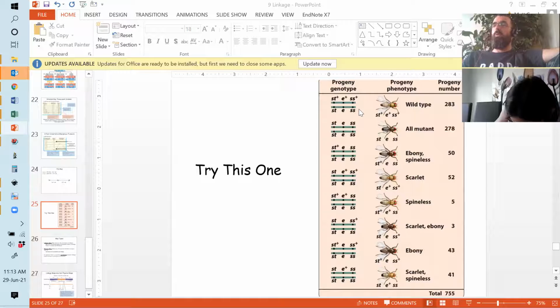One parental is all wild type, one parental is all mutant. Okay, so you're looking for what has moved between these two to create the double crossover. So which gene or allele has moved?